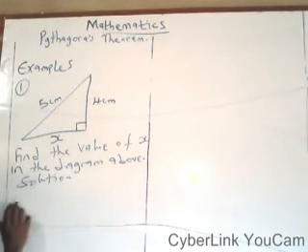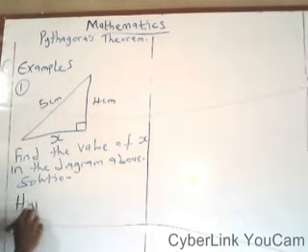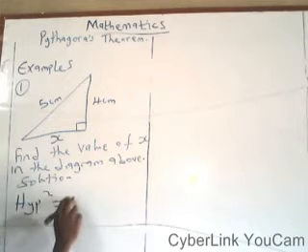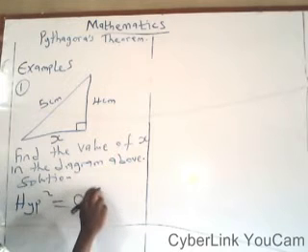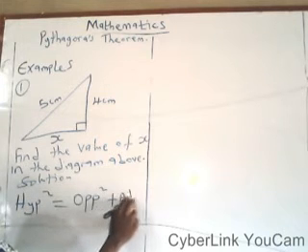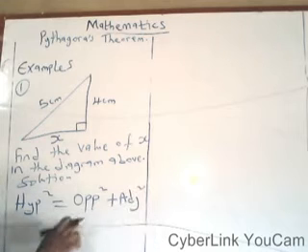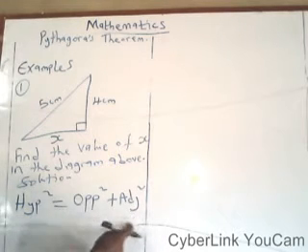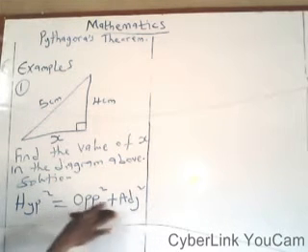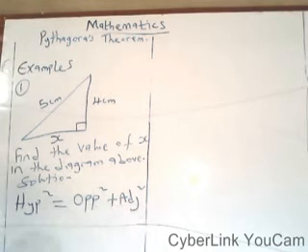Now we know that the formula is hypotenuse square is equal to either opposite square plus adjacent square, or you said adjacent square plus opposite square. Now I am using opposite square plus adjacent square.